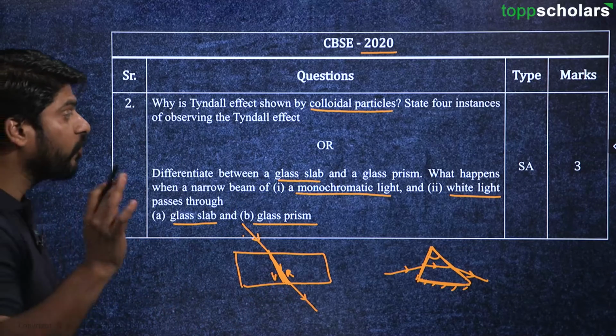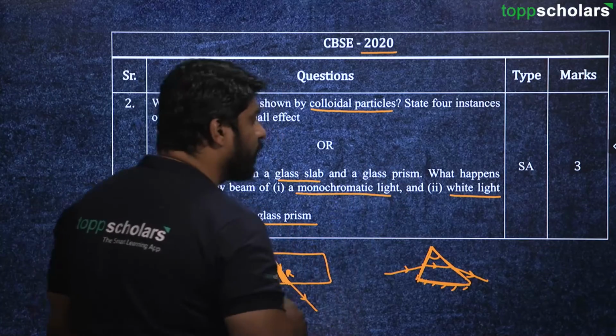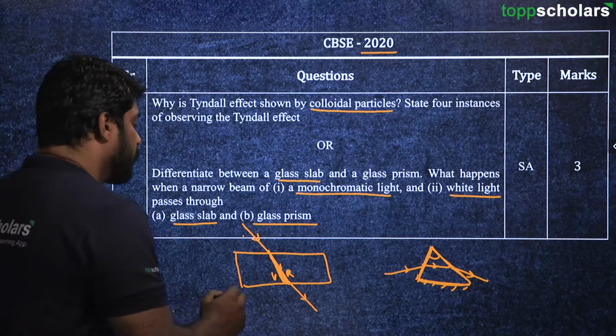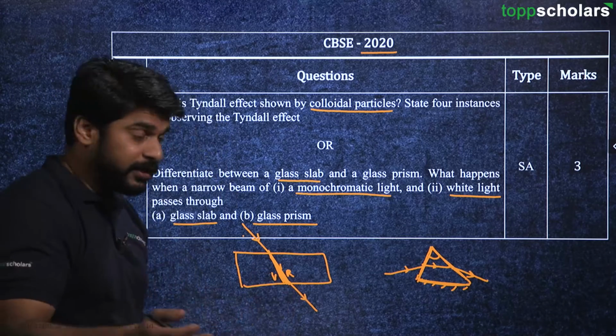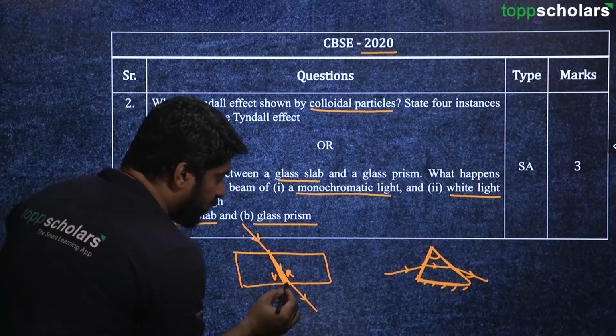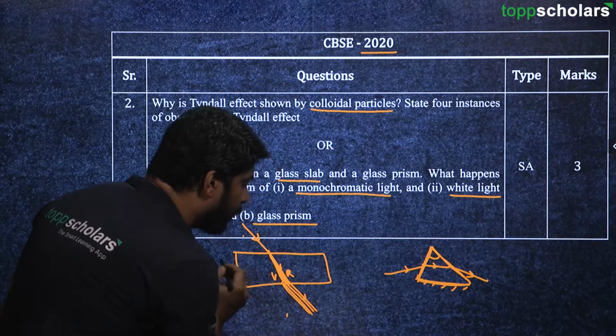We are talking about white light which consists of all the wavelengths of light, starting from red to violet. So here red will be deviated by a small angle and violet will be deviated by a large angle. And again when it comes out, all these rays will be parallel.